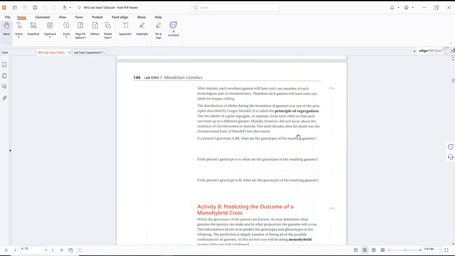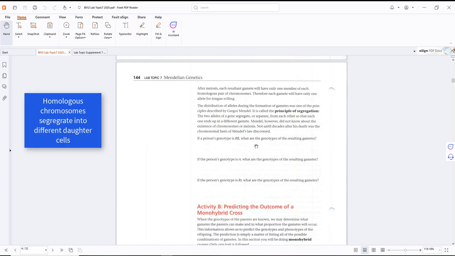Remember the different laws that we talked about with Gregor Mendel. The principle of segregation: during anaphase, it's the homologous chromosomes that are separating into different daughter cells.